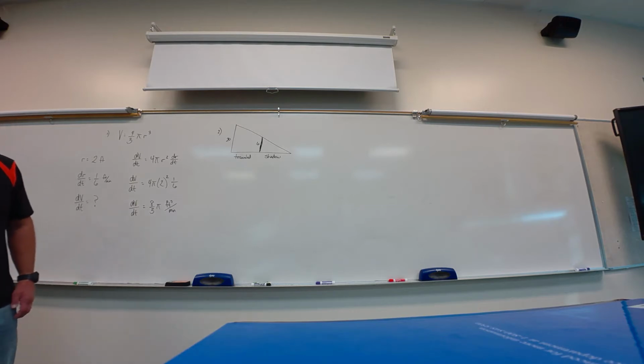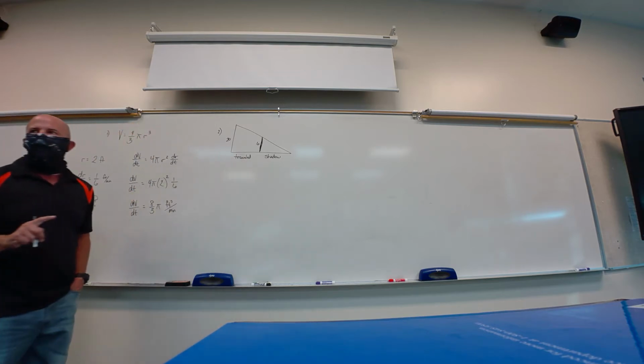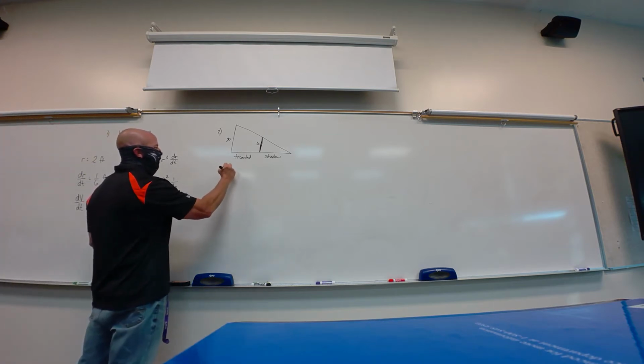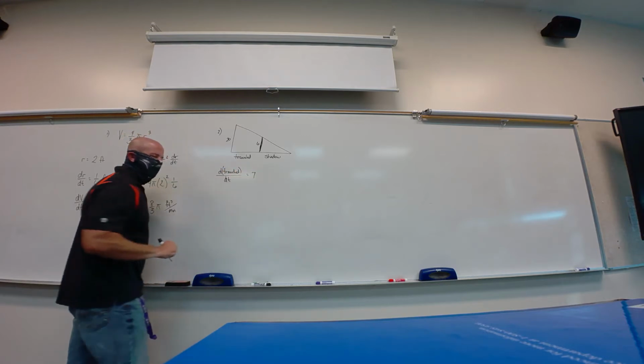All right, now what I'm given. Okay? Person's walking away at a rate of 7 feet per second. So, is that the differential of the traveled or the differential of the shadow? Traveled. All right. So, d traveled dt is 7.